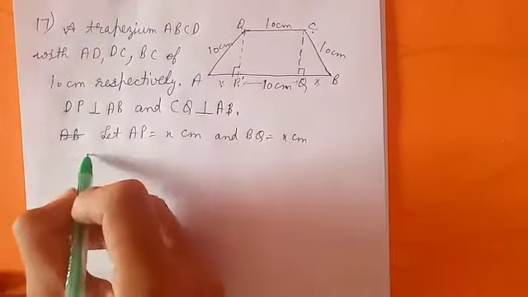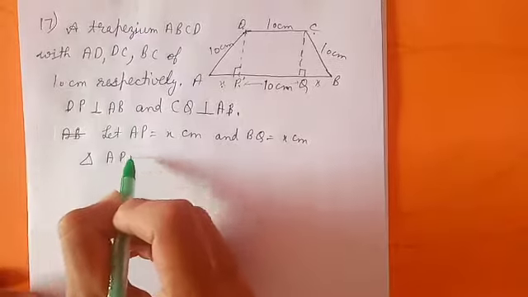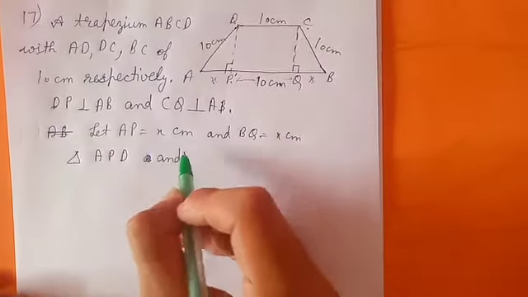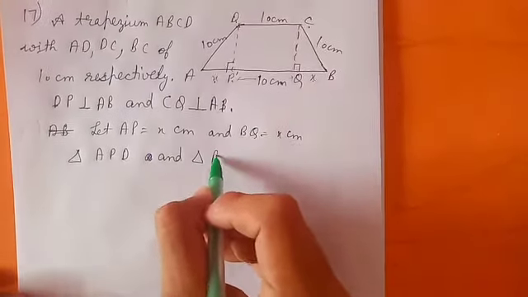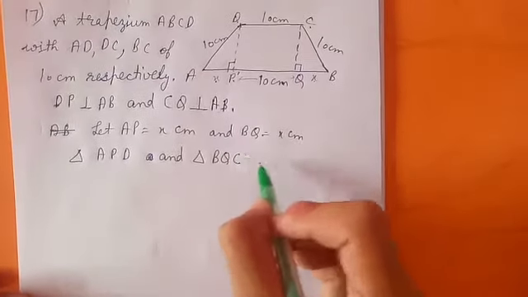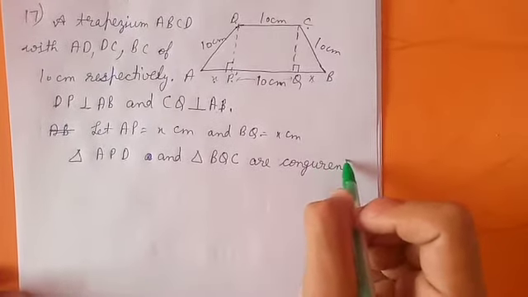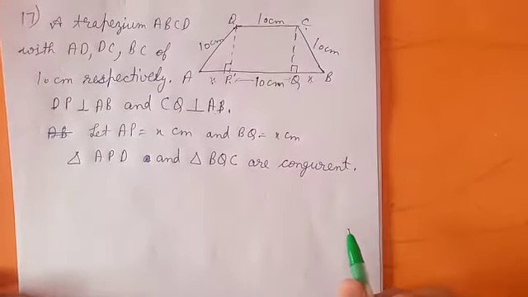Now why have we taken both as x centimeters? Because our triangle APD and triangle BQC are congruent. How are they congruent?